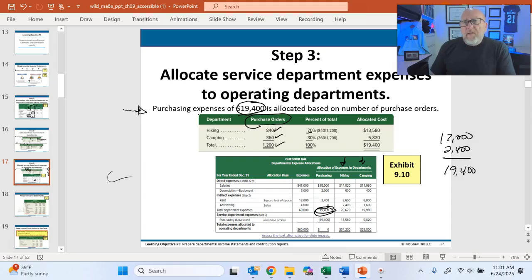Therefore, 70% of the purchases were for hiking, so we're going to allocate 70% of the 19,400 to hiking. And then we'll allocate 30%, since 30% of all purchase orders related to camping. We'll take 30% of the 19,400 and allocate that to the camping division. So we're taking it out of the purchasing department and putting it into hiking and camping.